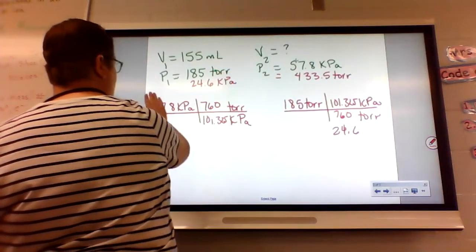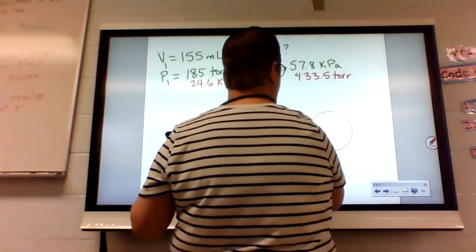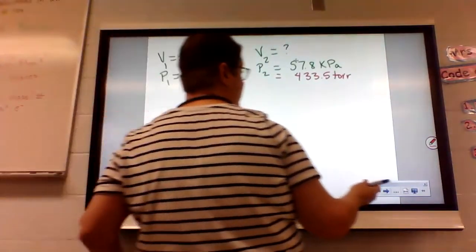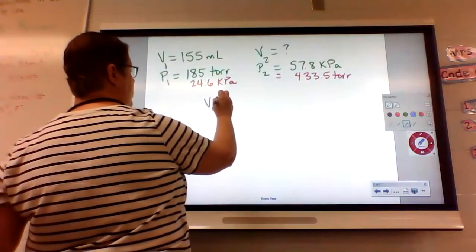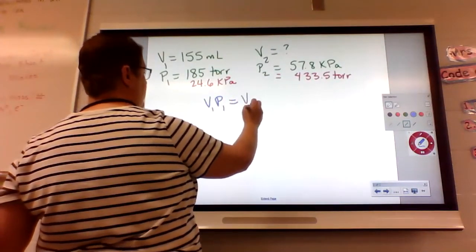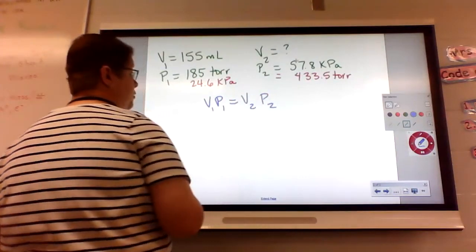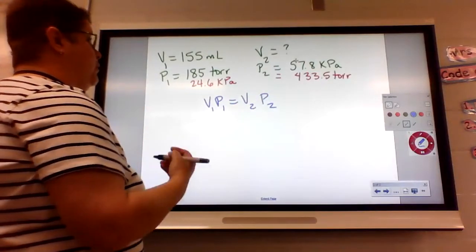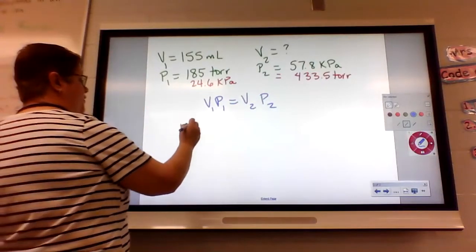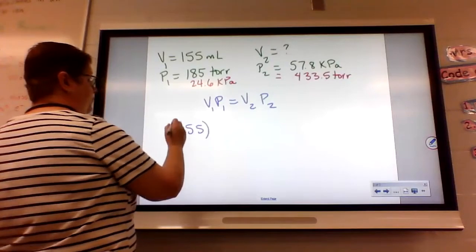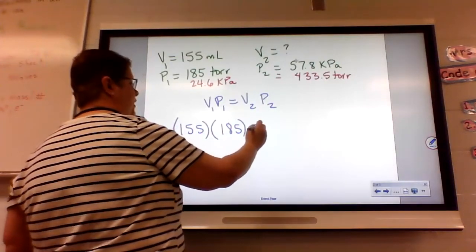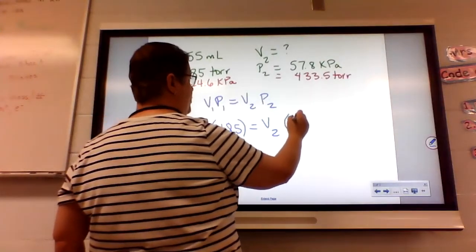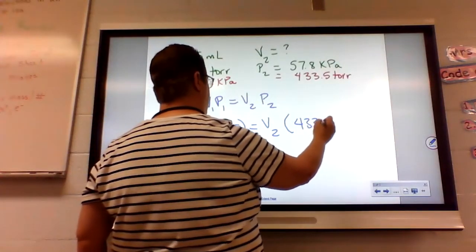Now, it does not matter which one of those you change or use. You choose. The formula is V1P1 equals V2P2. You need to make sure you pick the matching units when you plug in. So volume is 155. I'm going to use torr, 185. V2 we want, and P2 is 433.5.